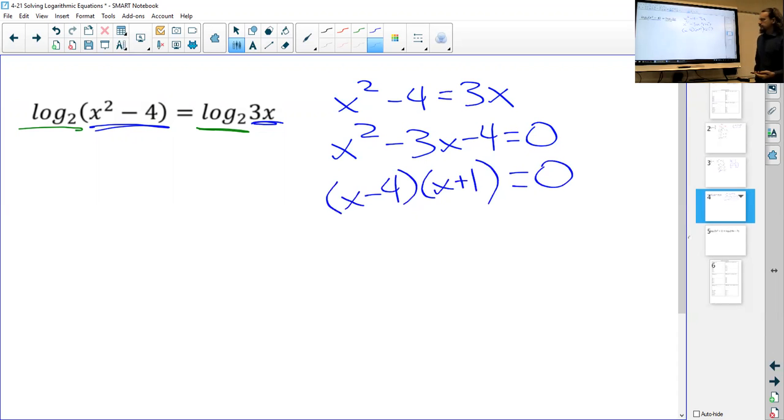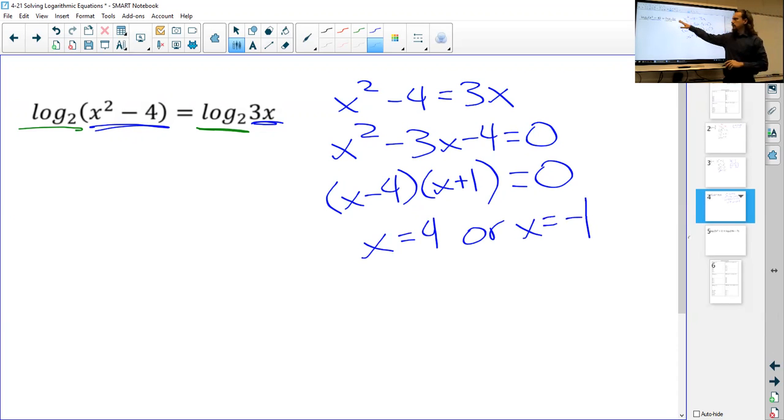So what do our values of x have to be? Remember, it's just the opposite at this point. If we have x minus 4 and x plus 1, then x must equal +4, or x must equal -1. Okay? So here's the part that's a little bit different. We have these two solutions, but we need to see which of these will actually work.